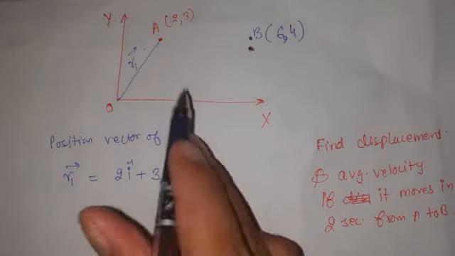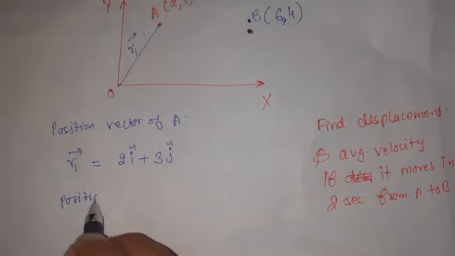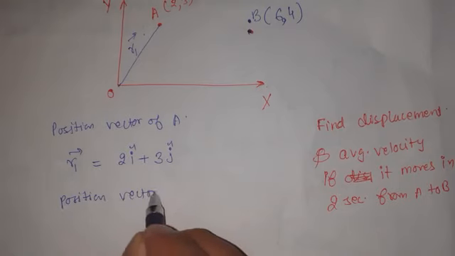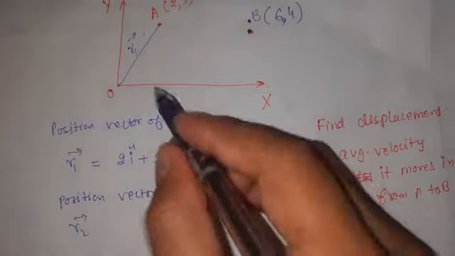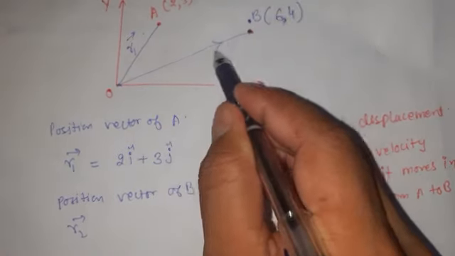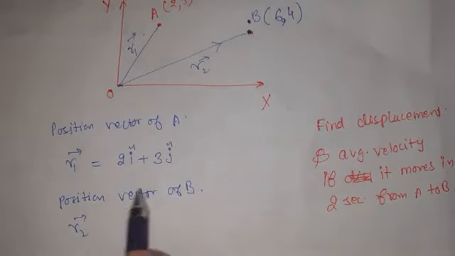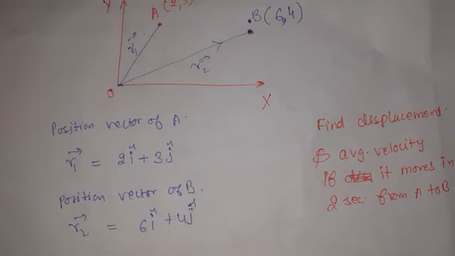Okay, so this is the position vector of A, and while the position vector of this B, so this will be that of r2 vector. This is r2 vector. Now here this will be 6i unit vector plus 4j unit vector. Okay, this will come over there.